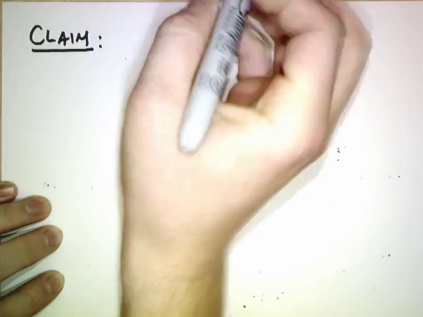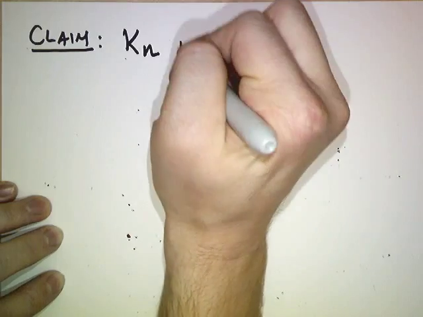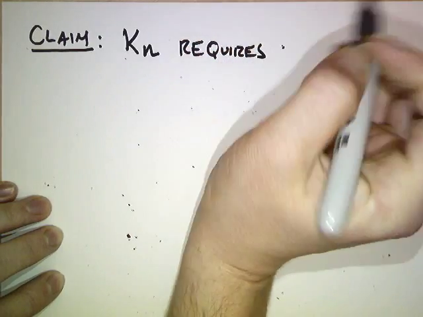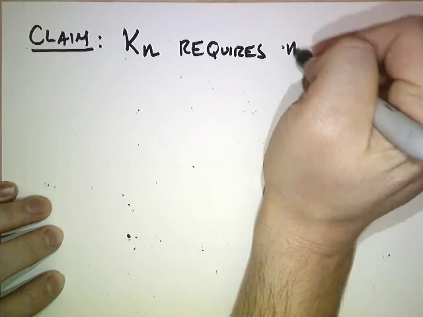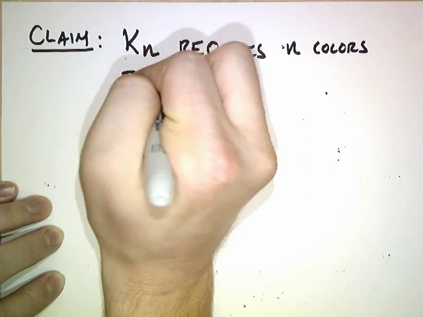Let's prove something about graph coloring. The claim will be that the complete graph on n vertices requires n colors to be validly colored.